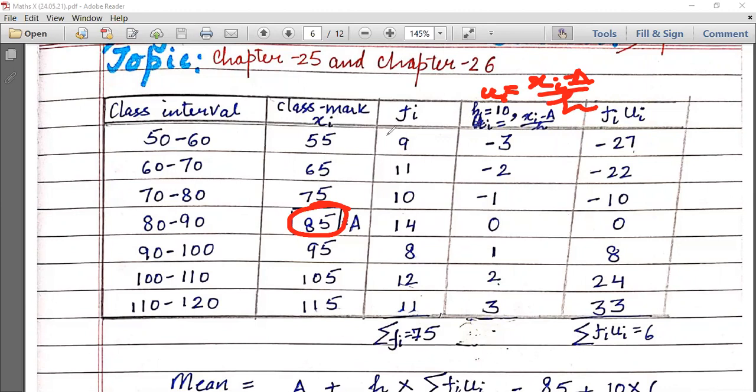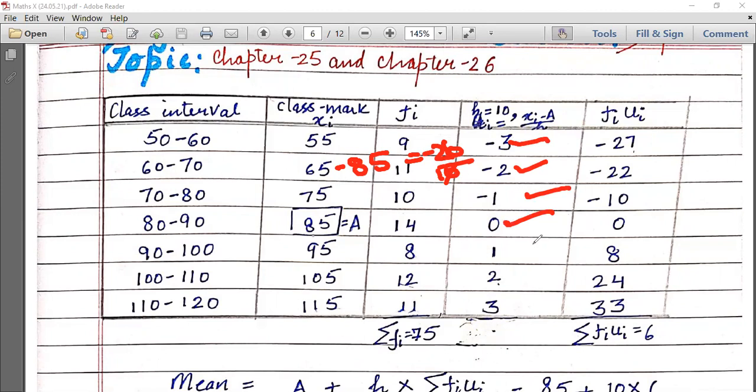It's 55 minus 85, that is minus 30 divided by 10, that is minus 3. Now let's see for 65. 65 minus 85 is minus 20, divided by h, that is minus 2. Next, similarly, you get minus 1. Next is 0. Next is 1, 2, and 3.